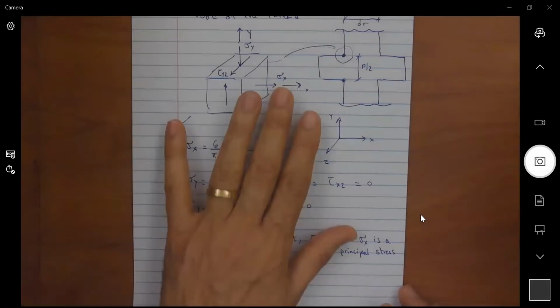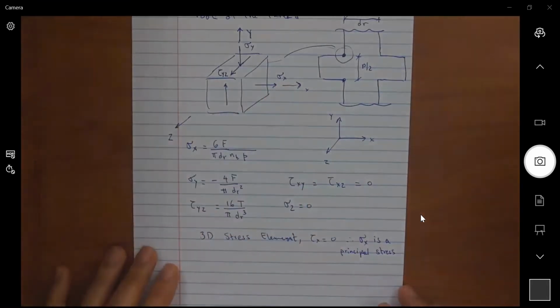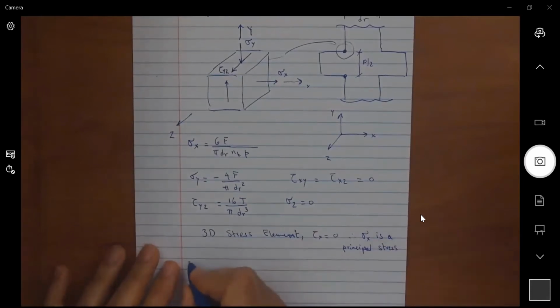If I want to evaluate failure, I can use the ductile energy theory and evaluate my sigma prime.